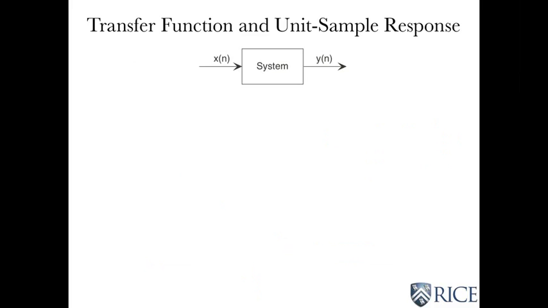Well, I now want to do something special and point out why the unit sample response is so important. So here's our linear shift invariant system, and I'm not going to worry about whether it's implemented with a difference equation or not. It's just linear and shift invariant. What I want to do is, for an input, use a unit sample. And I'm going to refer to the output for that special input as little h of n.